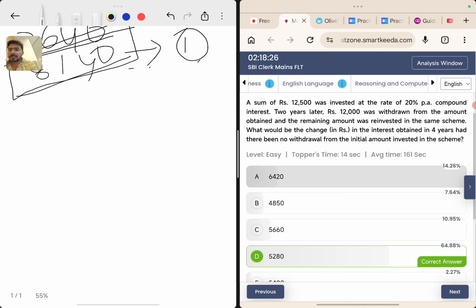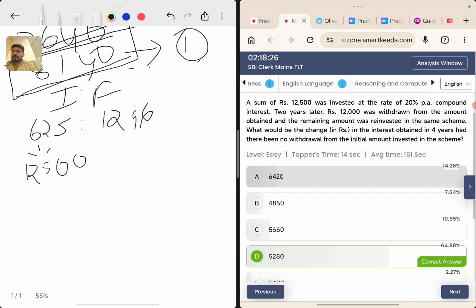So if I take the initial and final, 625 is to 1296. Okay, so initial amount he invested was 12,500. So 625 into 2 times means 1250. So one more zero means 20. So 1 unit is equal to 20.